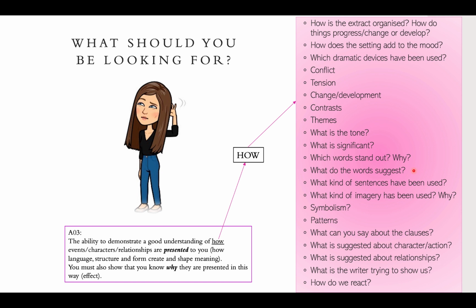Have we got imperatives or declaratives? Are these simple sentences? What kind of imagery has been used? Is there any symbolism? Can we spot any patterns? Can we say anything about the clauses within a sentence? What's suggested to us about characters, actions, relationships? What's Miller trying to show us, and how is the audience supposed to react? So all of these questions could guide you when you're making your notes on the different things that you have highlighted.